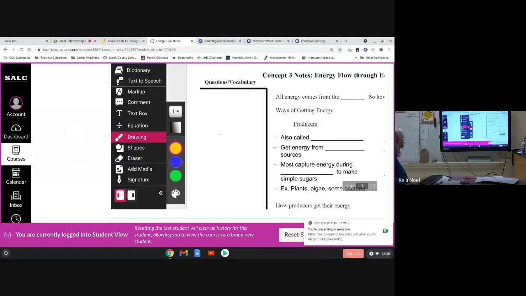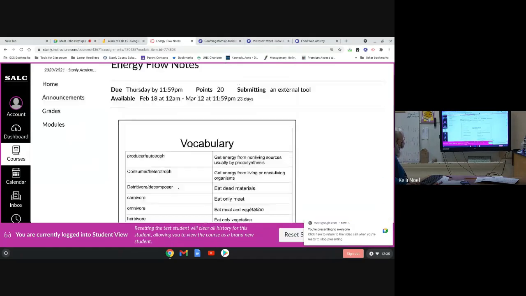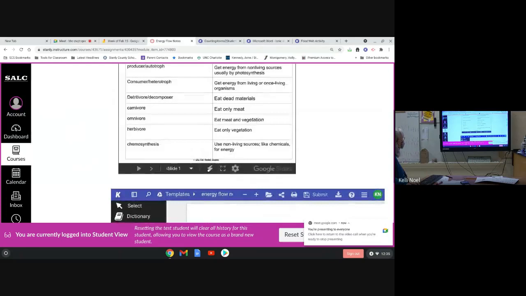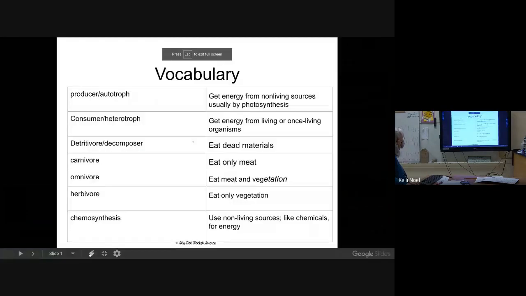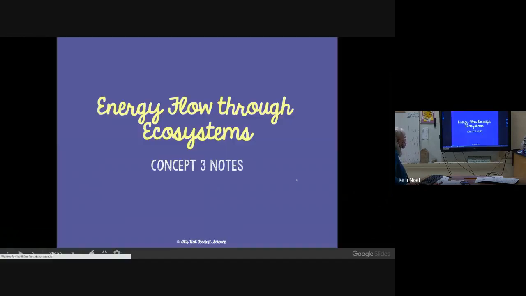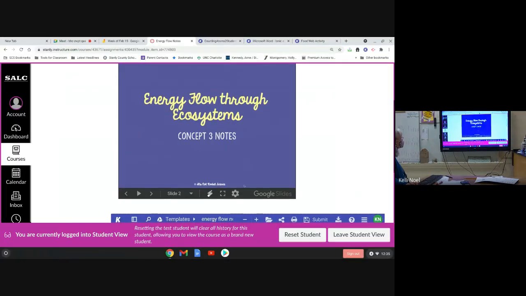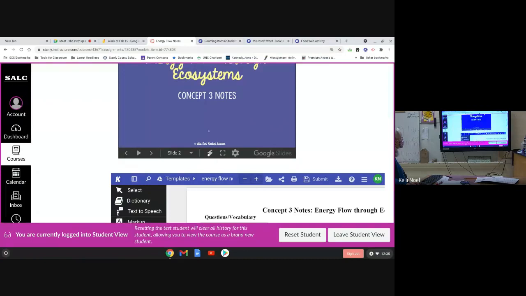So I'm going to make this bigger, and I'm going to talk through the slides. If you don't fill this in while I am going through it, you can have it here and fill in the notes, and you can go through the slides later. But remember, you've got to submit these things so that you can get your credit for being present today.